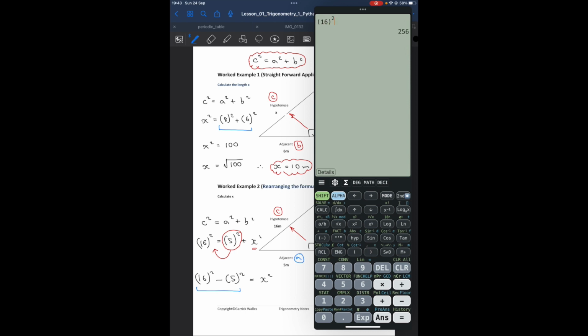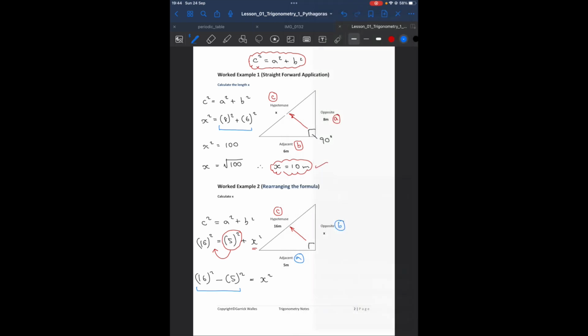As you can see, I'm using brackets to put the 16 in, minus open bracket 5 close bracket squared, and I get a value of 231. So x squared is going to be equal to 231. So I can write x squared is equal to 231.